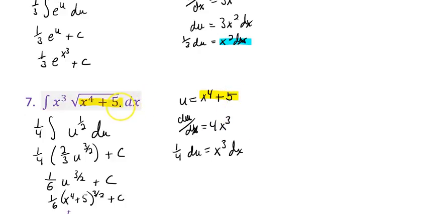That's one of those situations I say take it with you because the derivative of that is 0. Now, there's not a 4 in the problem, so I went ahead and divided by 4 when I multiplied by dx. So I got 1/4 du equals x cubed dx. The x cubed dx is in the problem, and so I'm going to replace that with 1/4 du. And then my u, my x to the 4th plus 5 that I turn into u, is under a square root.